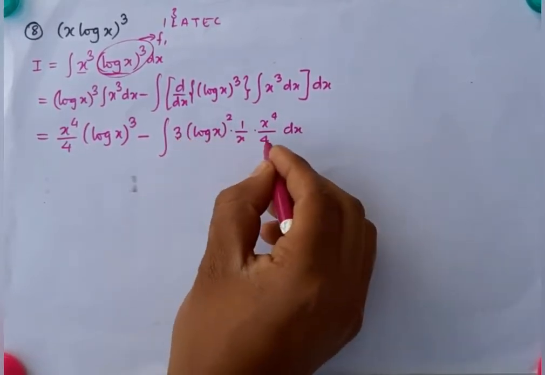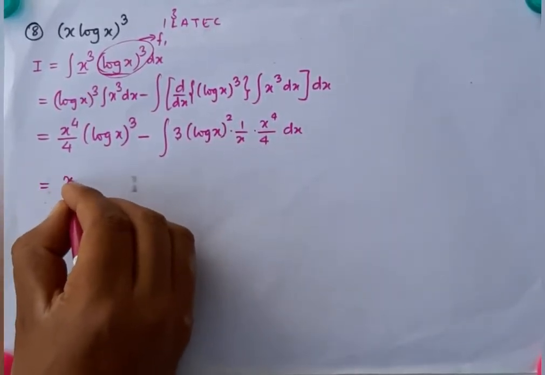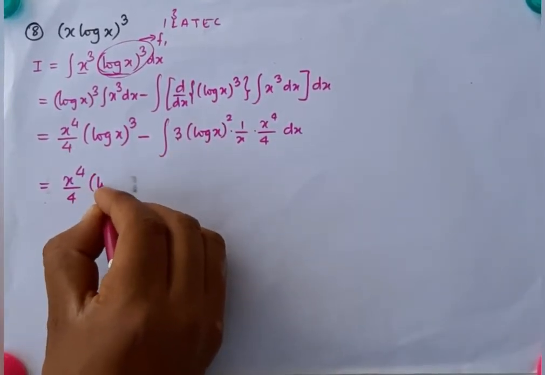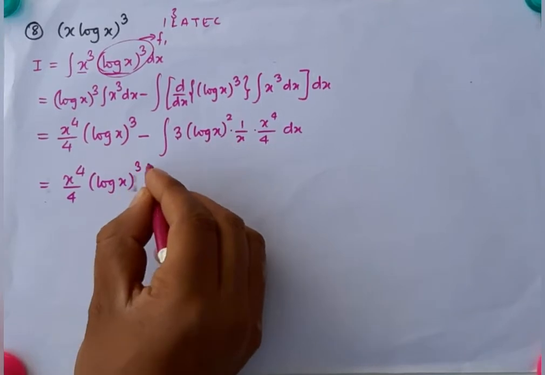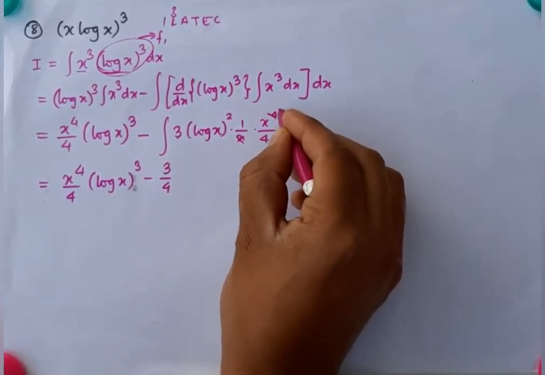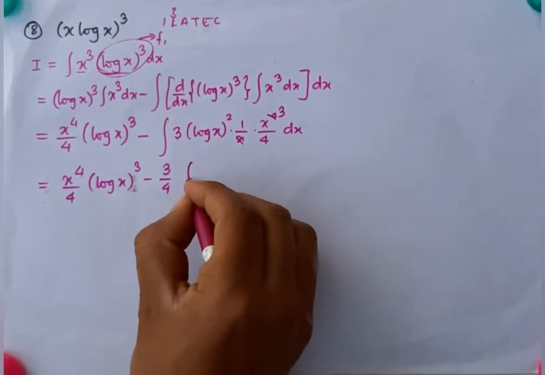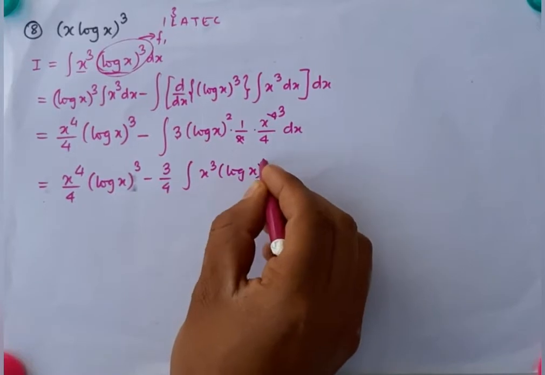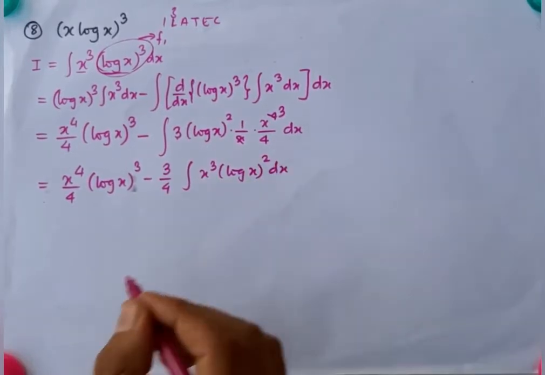So you see that 3 and 4, that is 3 by 4, will be common or kept outside the integral sign. So we have log x cube here, so minus 3 by 4 will be kept outside, so x and this will get cancelled. So we have x cube log x square dx, right?